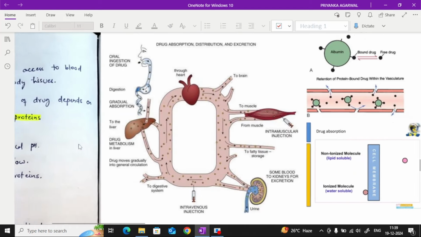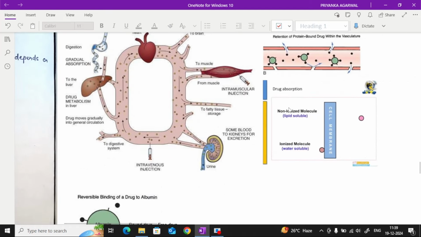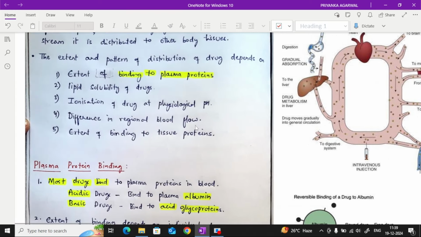We already know that non-ionized drugs are lipid soluble and they can pass through the cell membranes. Ionized molecules are water soluble and they cannot pass through. So distribution will also depend on the lipid solubility and ionization of the drug. Clear till now? Okay, so now we are moving on to the next factor.